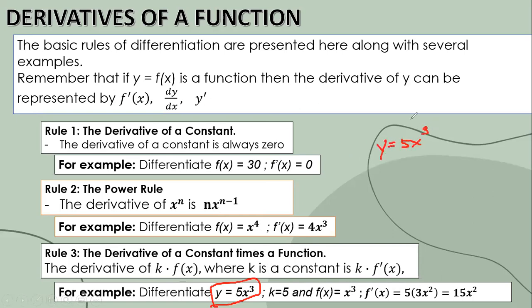Okay. So, madali lang din po to. Parang isasantabi muna natin yung 5. Okay. So, since constant siya, we get f prime of x will be multiplied, okay, 5 times the derivative of x cubed.